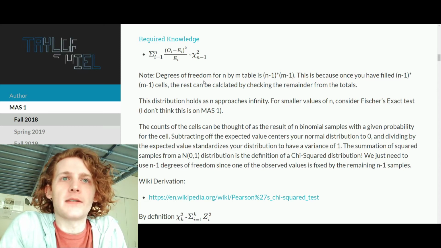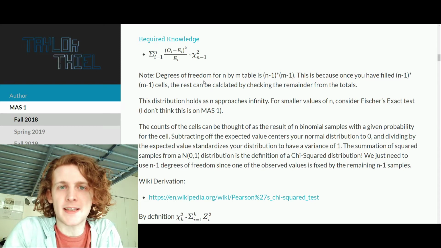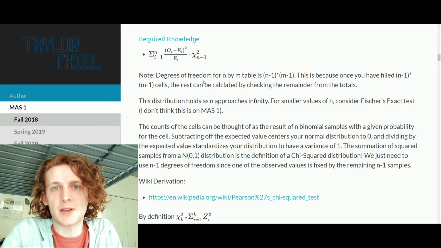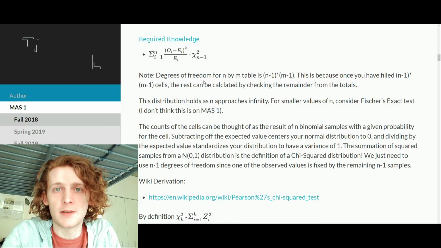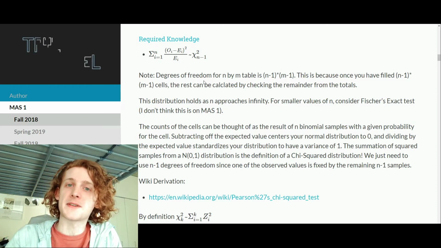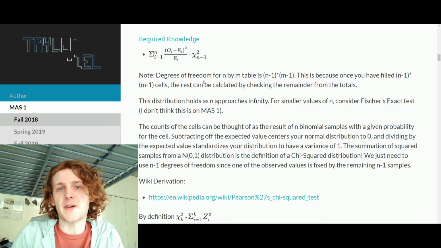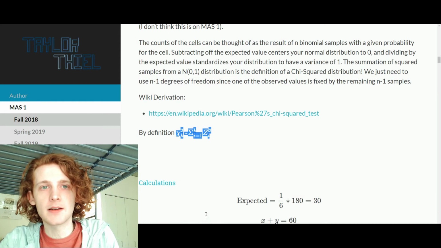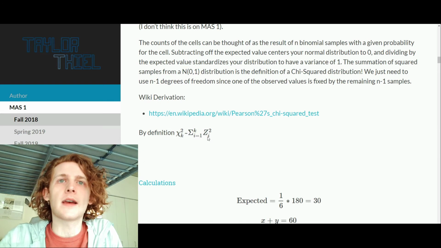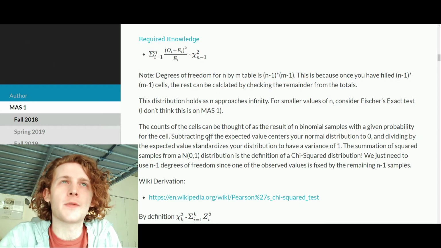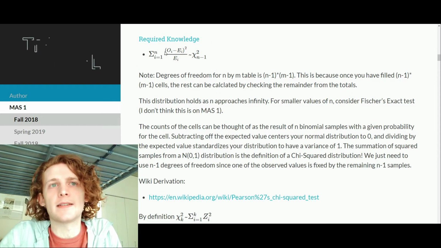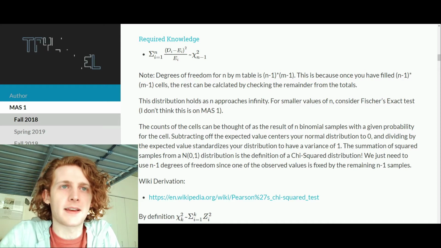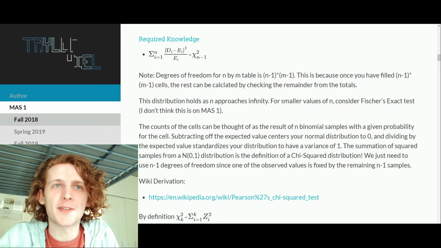The conceptual reason why this is the case is, first off, we're calling that a chi-square distribution is just the summation of samples from a normal 0, 1 and those sample values squared. So I have that written at the bottom here. And the reason that this follows that is, and again, this is not a mathematical proof or anything, but just kind of conceptually thinking about it.